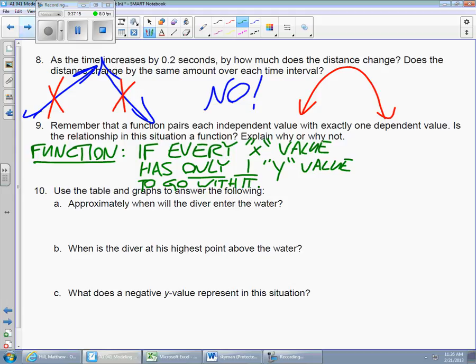If every x value only has one y value to go with it.